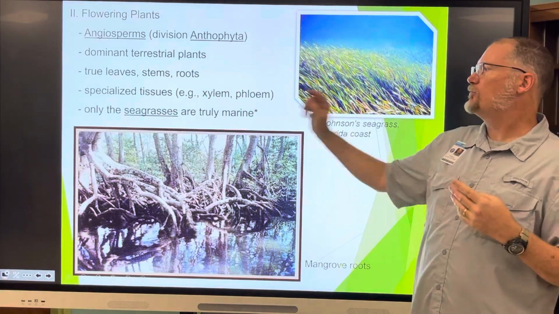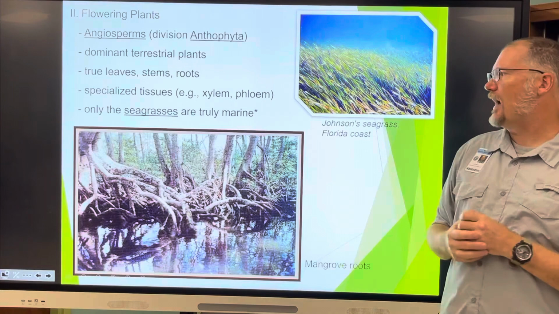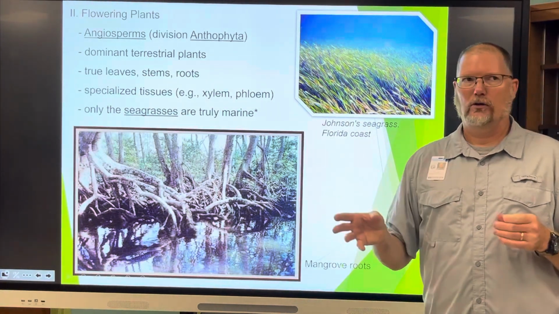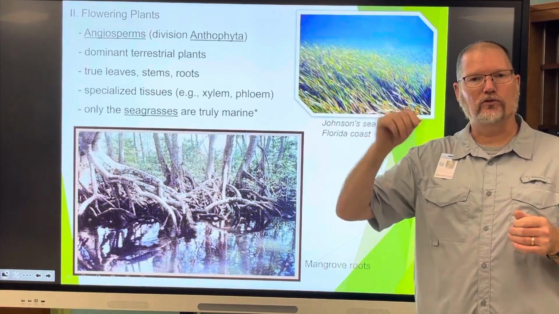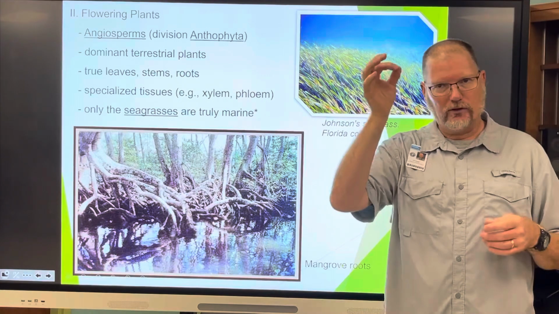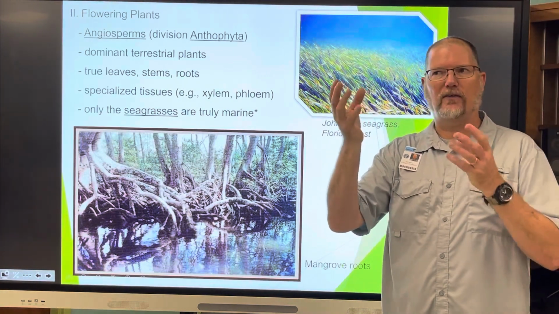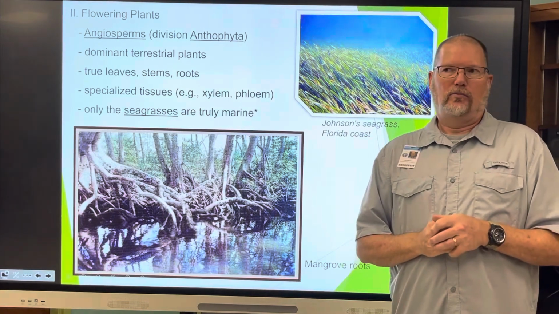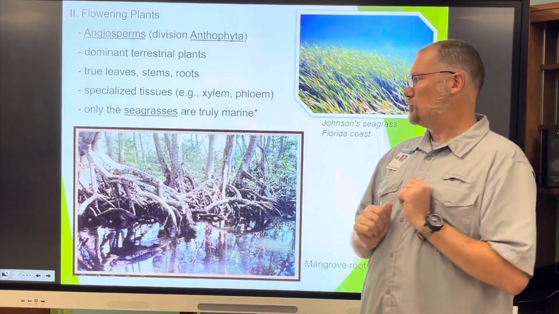They have specialized tissues like xylem and phloem. Xylem carries water up from the roots or anything that needs to go up, and phloem carries nutrients made in the leaves down to the other parts of the plant, which you may remember from biology.